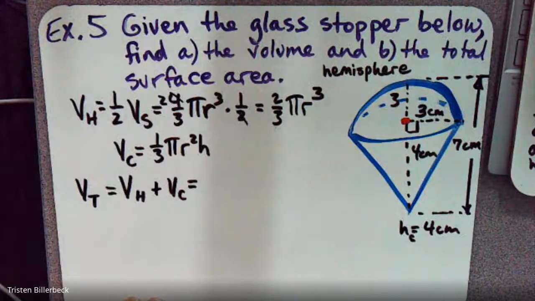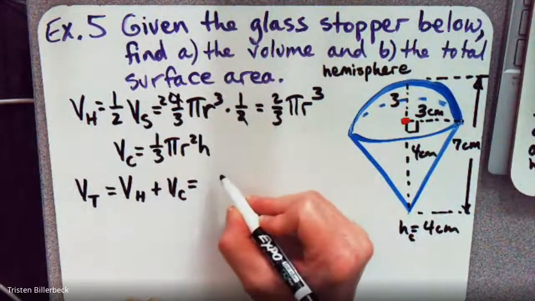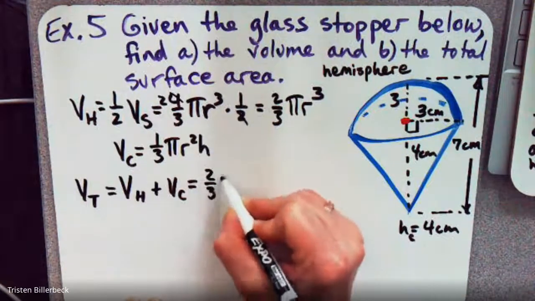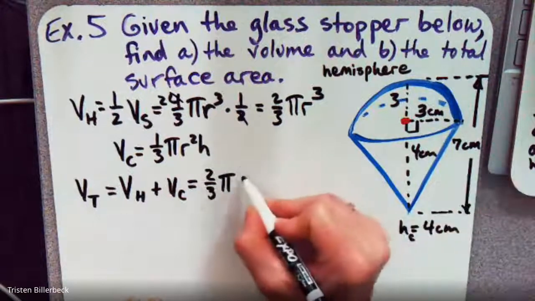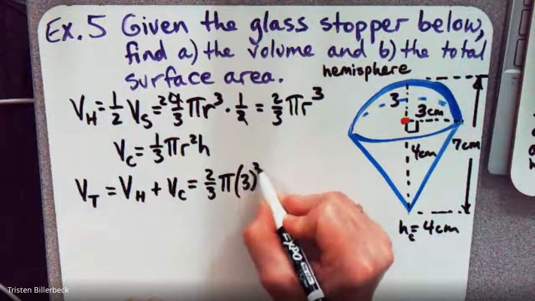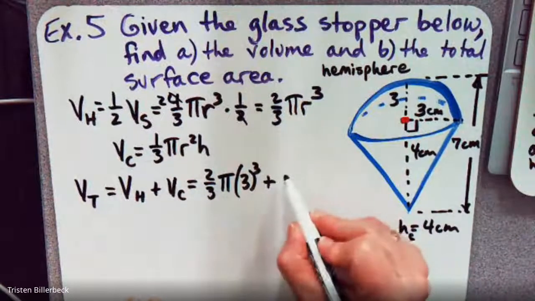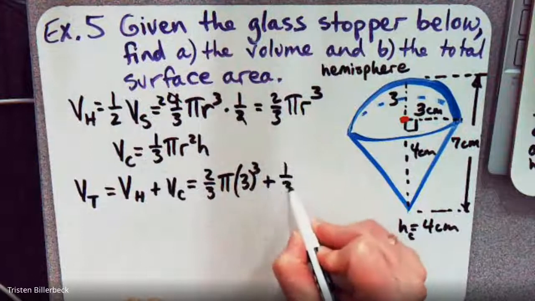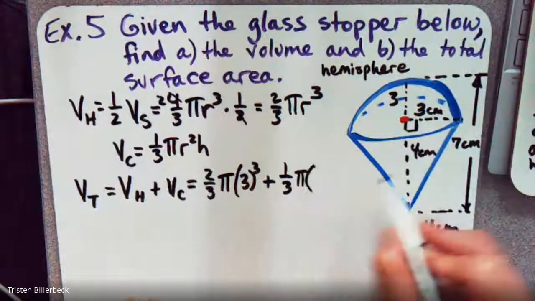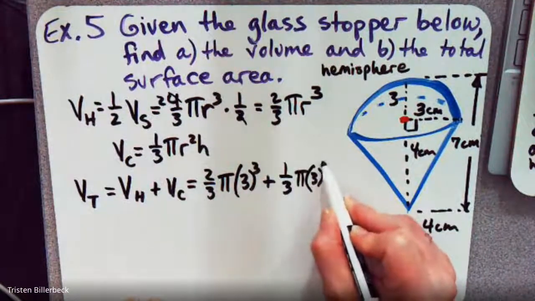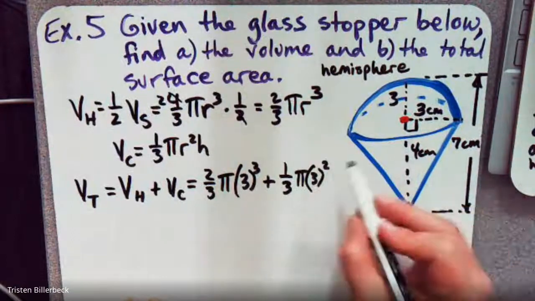Now let's put it together. We have 2/3 pi, and our radius is 3 cubed, plus the cone, which is 1/3 pi. We have the same radius, r squared, and the height is 4.